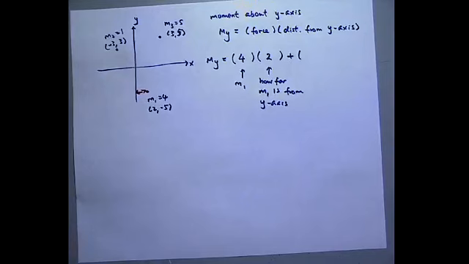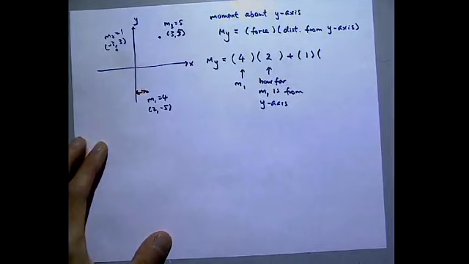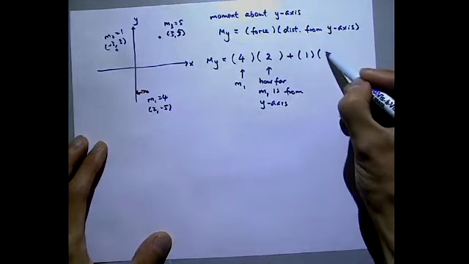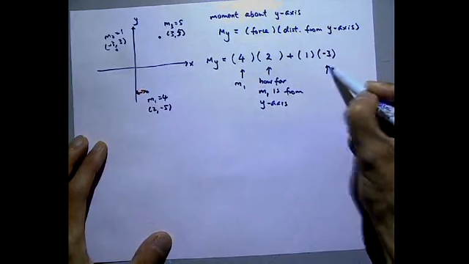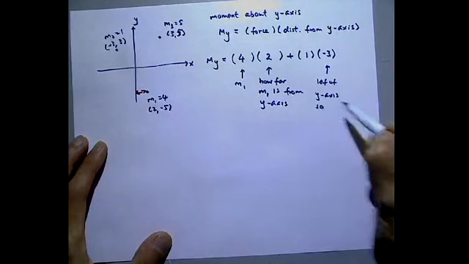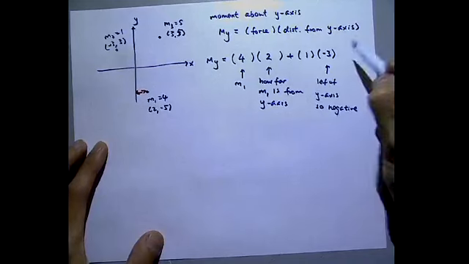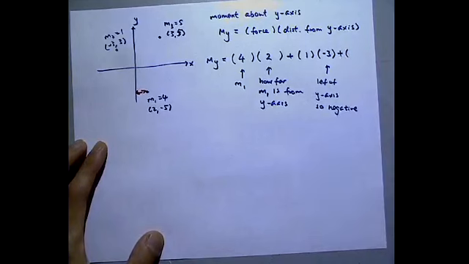Now the second point has a mass of 1. How far is it from the y-axis? 3, but it's to the left. So let's put in a negative 3. Left of y-axis. So negative. Okay? The last mass, it would be what? 5 times 3? Yep.